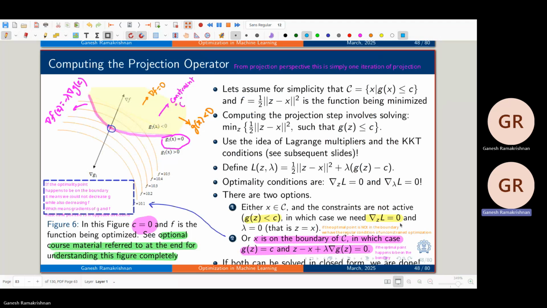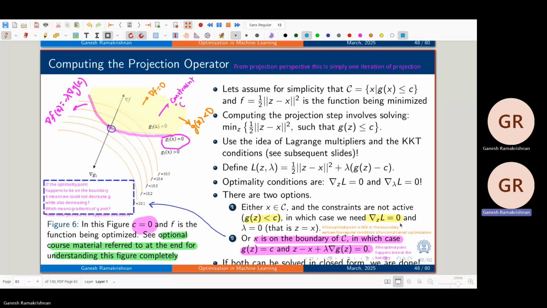If I go in the direction of the gradient of f, which means I increase the function, I'll be landing within the constraint. I'm looking at minimizing, not maximizing. So if I move in the direction of the negative of the gradient of g, I'll only end up increasing the value of f. So this seems to be a desirable condition.